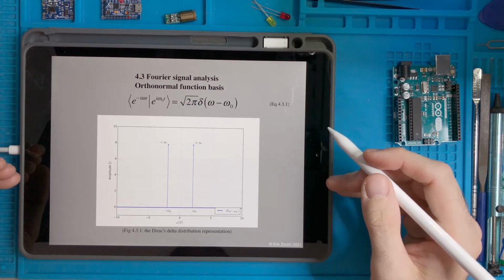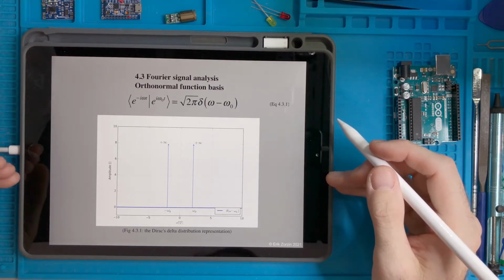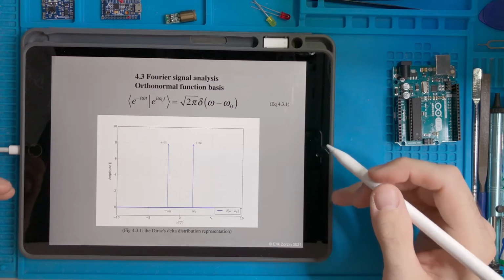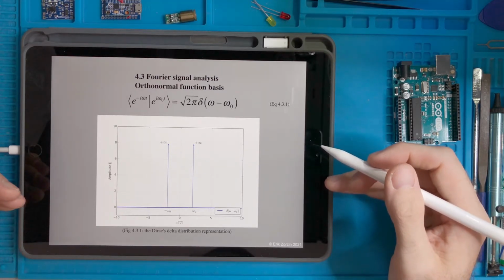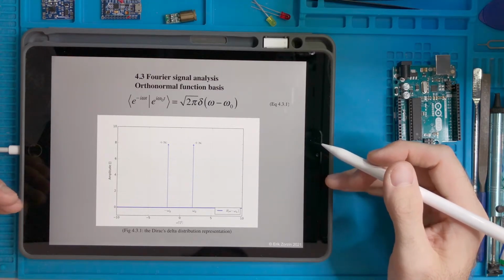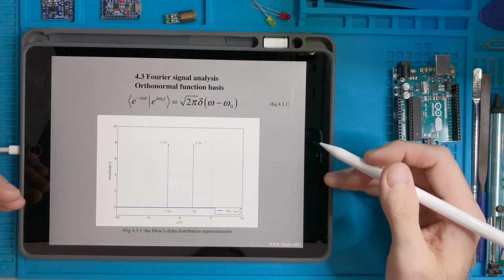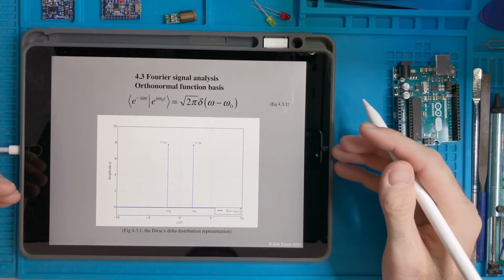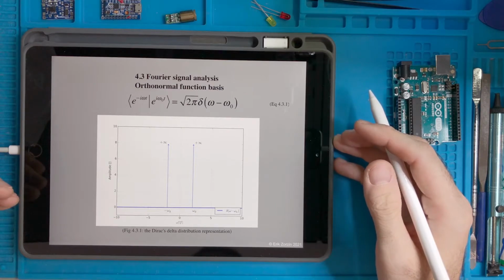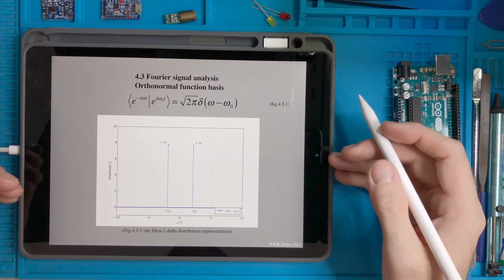So if I find two functions whose inner product, with this extension of inner product, is 0, then I give the new meaning of orthogonality to those two functions.